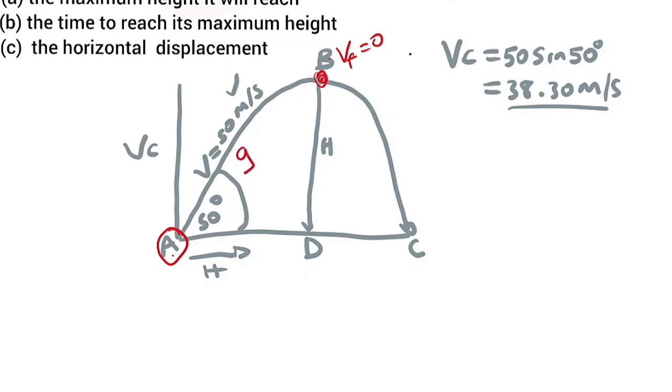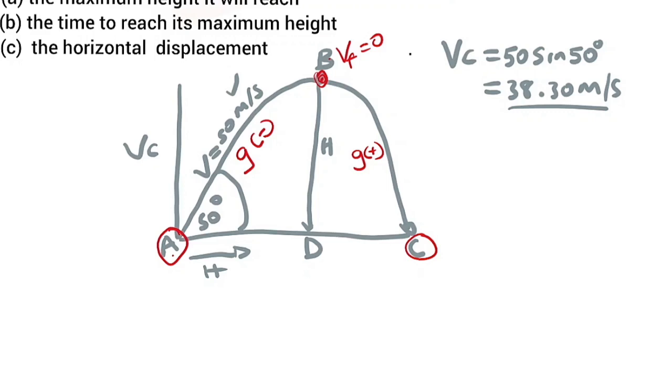That means gravity is negative. From B to C, the object is not moving against gravity, but from A to B it is against gravity. So g will be negative.